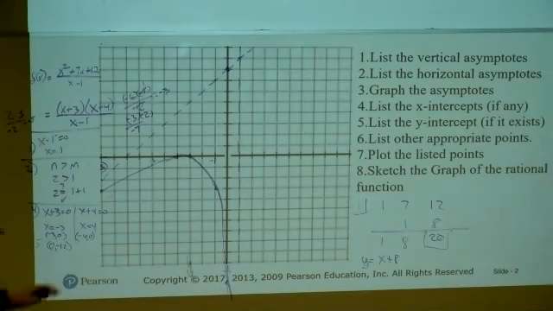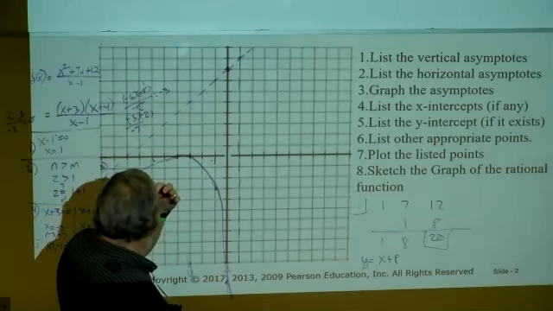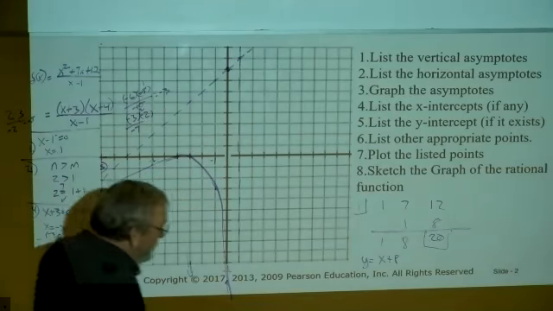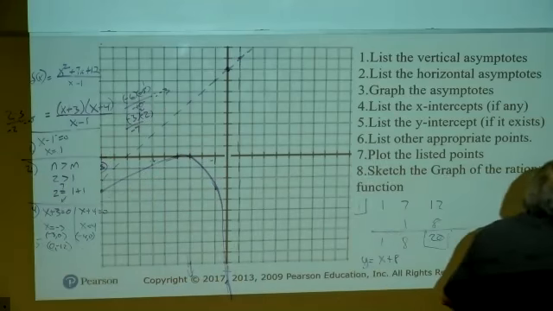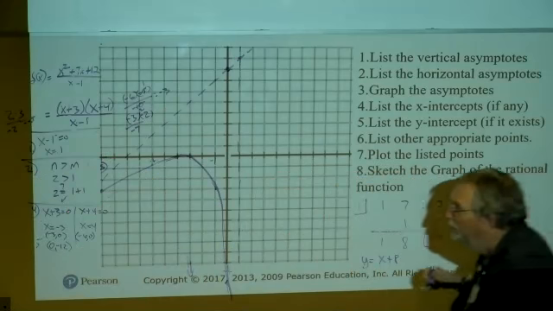Because then that would bring the slant asymptote between the two. So let's see what would happen there. Let's do some exploring. So instead of -4, we'll do this.